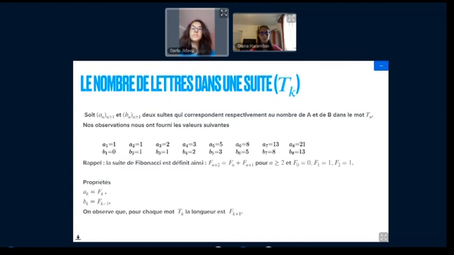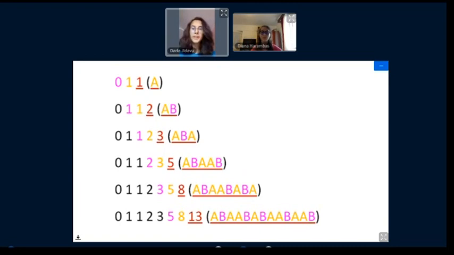I will show you on this picture to be more clear. On the left side, we have the Fibonacci sequence, and the words in our problem are in brackets on the right side. The first word is A. 0 represents the number of B's, the first 1 represents the number of A's in the word, and the last one, the number of letters in the word.